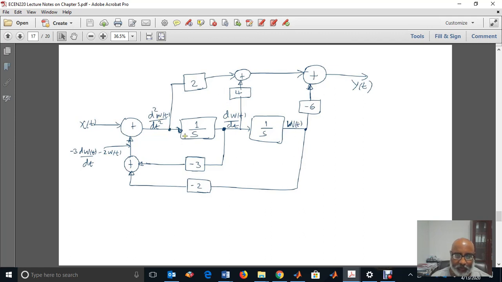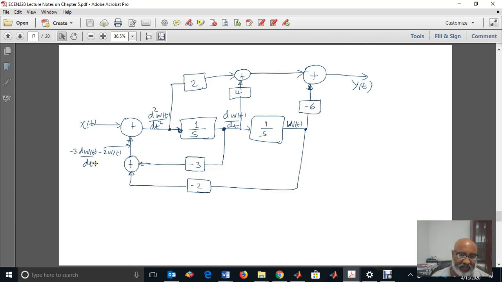Okay, so that's how we get w of t and the first derivative. So after passing this through 1 over s, I will have the first derivative, and I multiply it by a constant minus 3. Then I have here at this point minus 3 dw by dt. And here I have w of t, and I multiply it by minus 2, and I will have minus 2 times w of t. And I have here another which adds the two, okay?